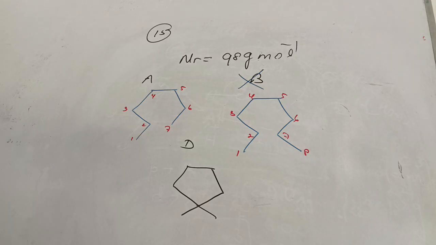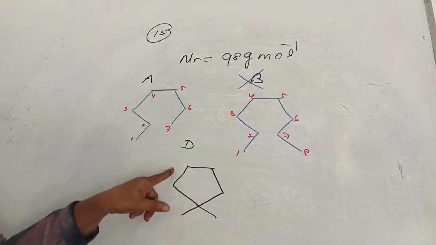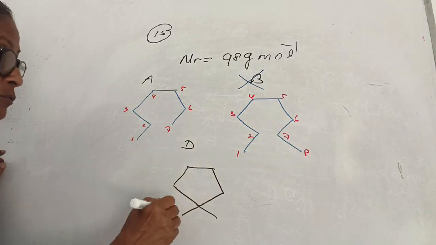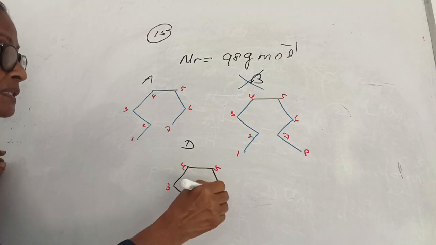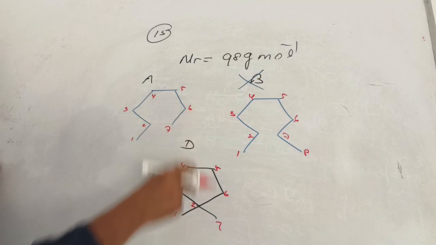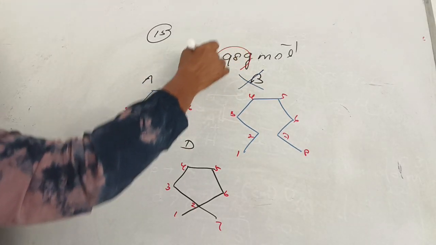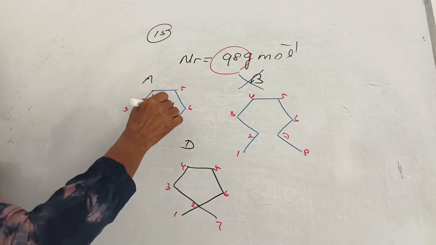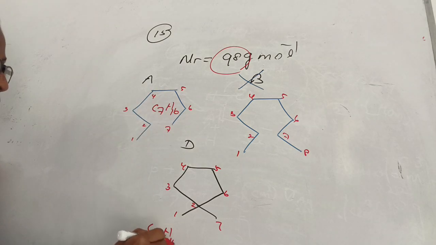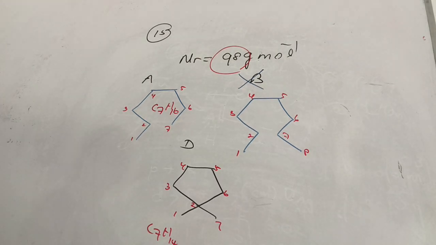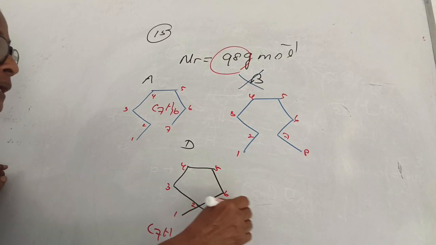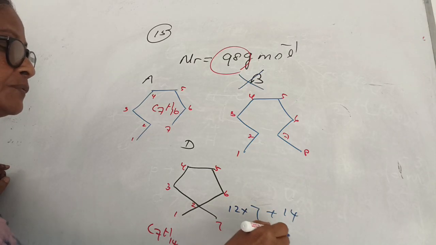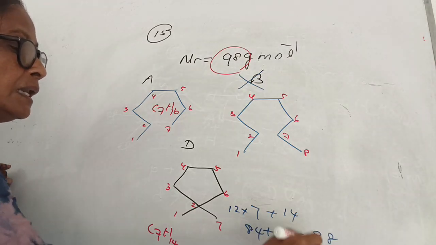Now your choices, A or D, have 7 carbon each present. 98 means it should be based on C7H14, so let's find the molar mass: 12 times 7 is 84, plus 14, 98 comes.